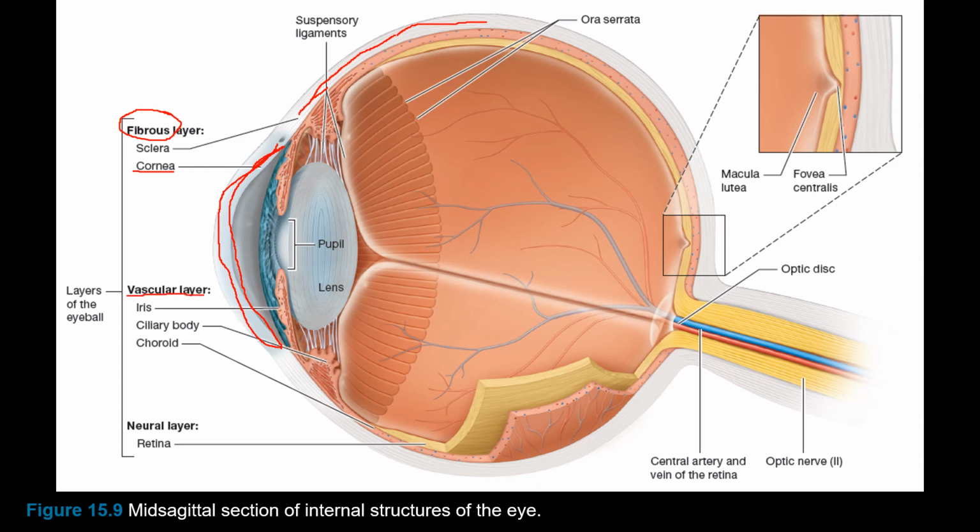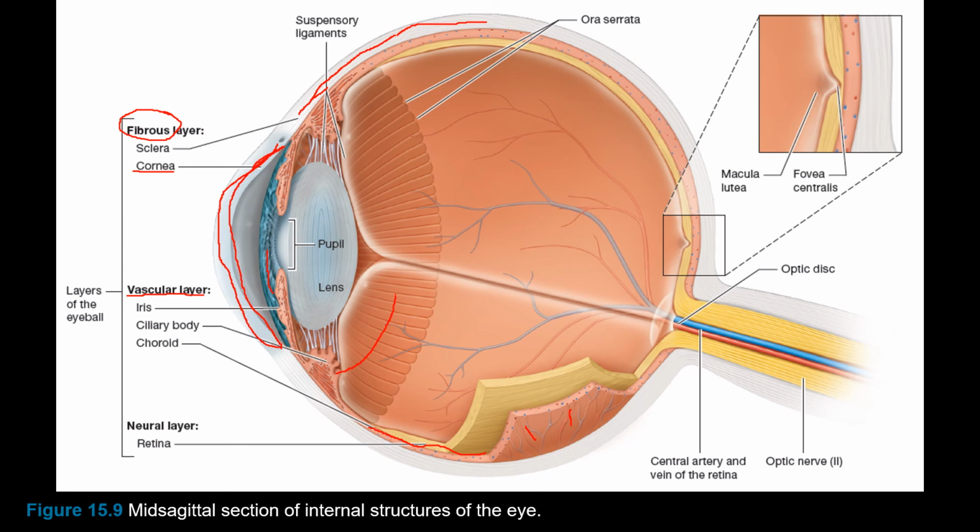Then you have the vascular layer, and the vascular layer is going to consist of the iris, which is the colored portion of your eye, the ciliary body, which is this sort of flowery looking structure, as well as the choroid. The choroid layer is this very vascular layer here. You see all of the blood vessels traveling through it. You can see veins here and arteries here supplying this eyeball with blood.